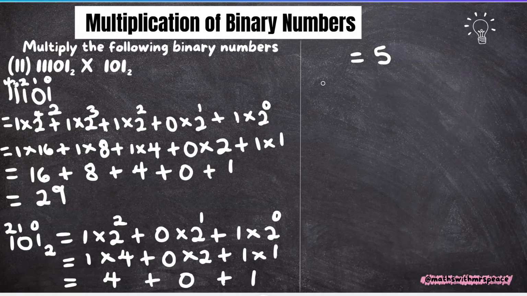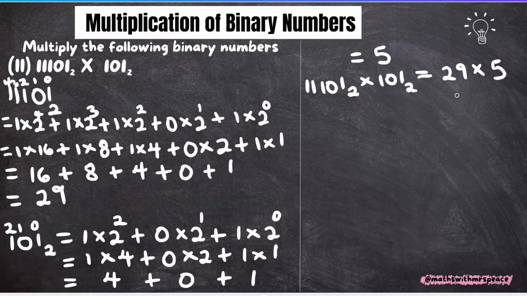So what I'm going to say is that 1, 1, 1, 0, 1 in base 2 multiplied by 1, 0, 1 in base 2 is equal to 29 times 5.